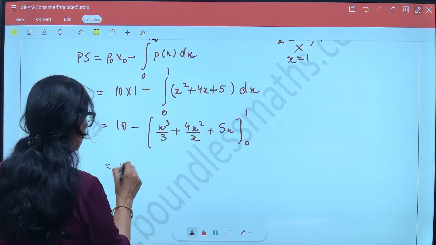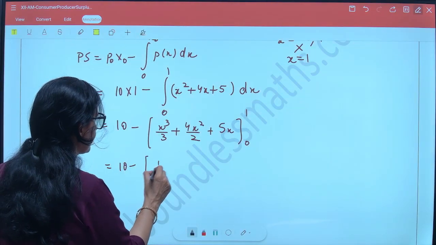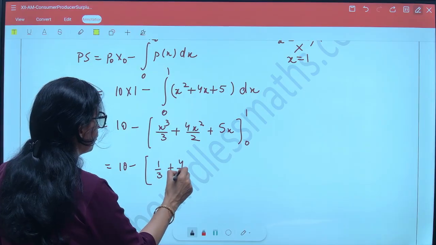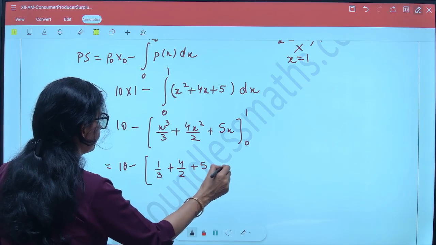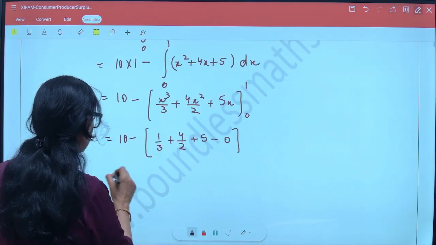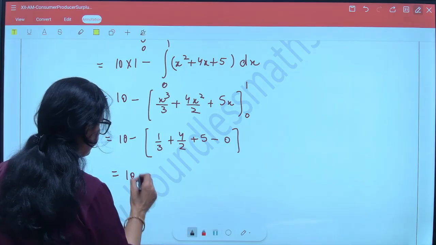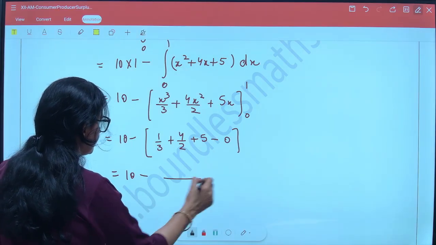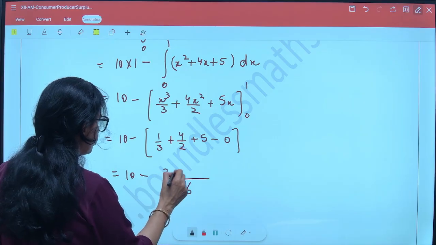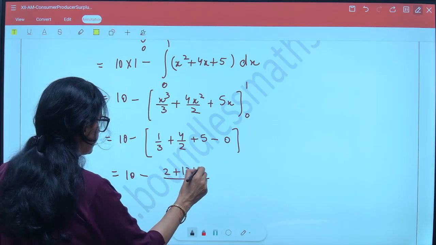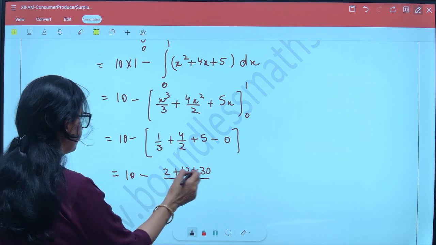So let's just put the values and solve it further. 1 by 3 plus 4 by 2 plus 5 minus 0. Take the LCM. So this is 6, (2 plus 12 plus 30) is 44 by 6.